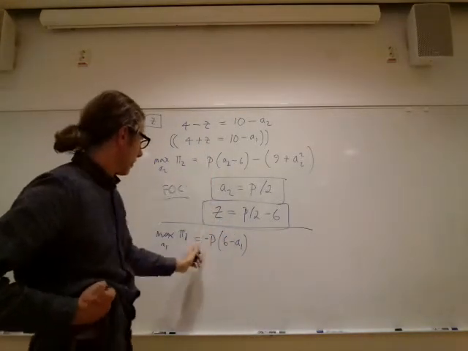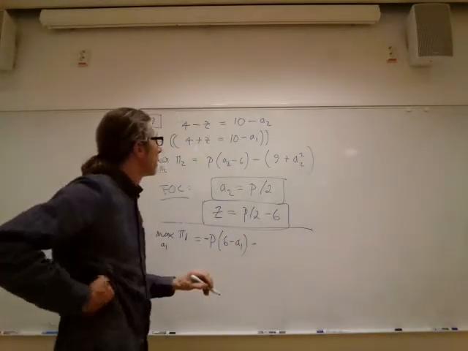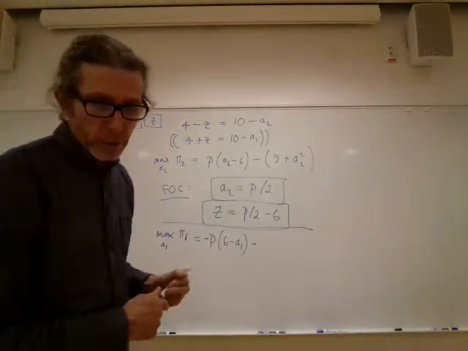If Z is positive, that's a cost, minus abatement costs, which are 10 plus 2A1 squared.